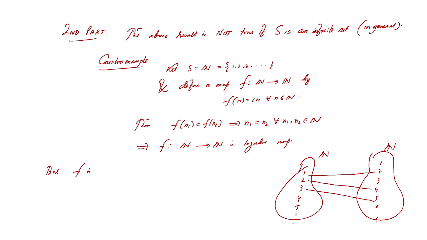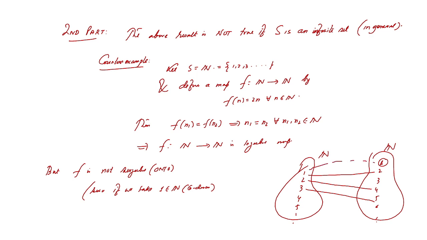But if it is not surjective, or you can say 1, 2. Why? Since if we take 1 belonging to N, or 3 or 5, any odd number belonging to the codomain N, that element, you will take this element.